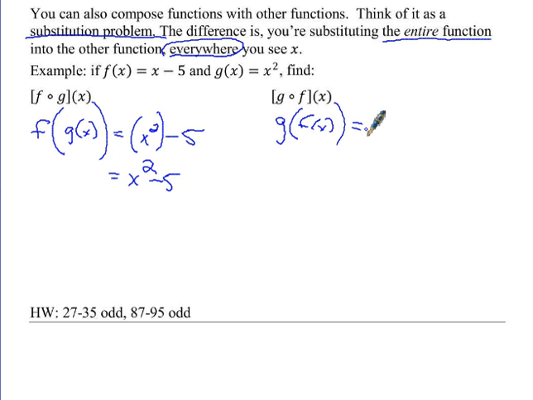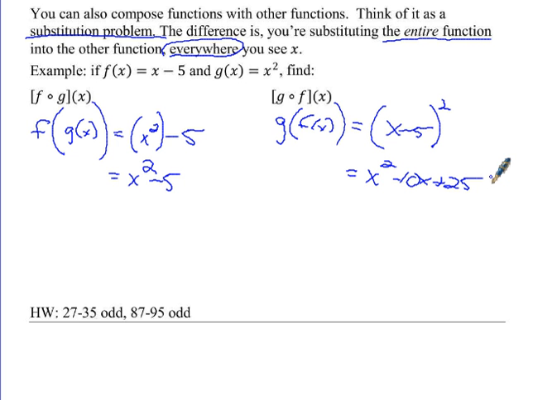So I'm writing my g function down. My g function is x squared. But instead of writing x squared, I'm going to write parentheses x minus 5, because that's what f is, squared. Then you've got to FOIL. That's why this one's a little bit more complicated, but it's the same idea, okay? So this becomes x squared minus 10x plus 25, and that then is your answer.